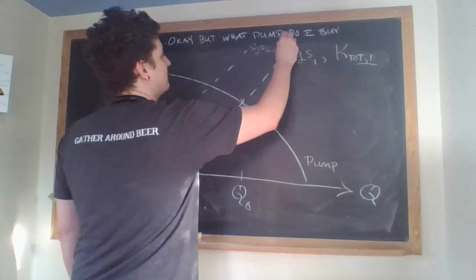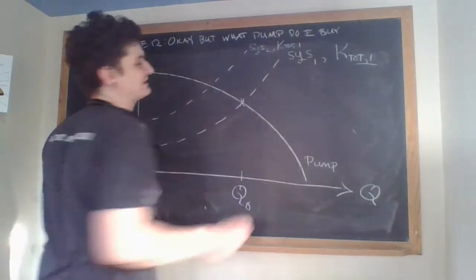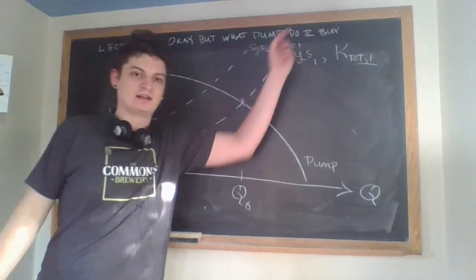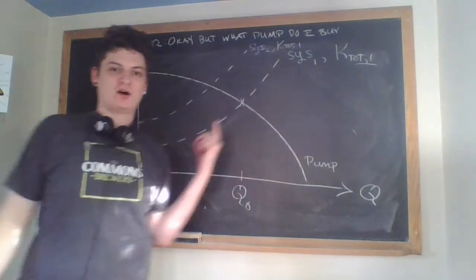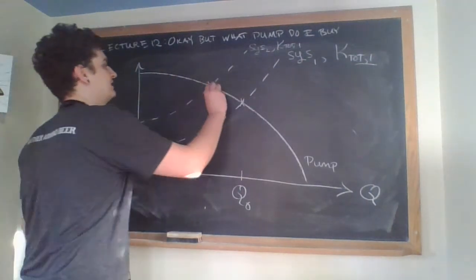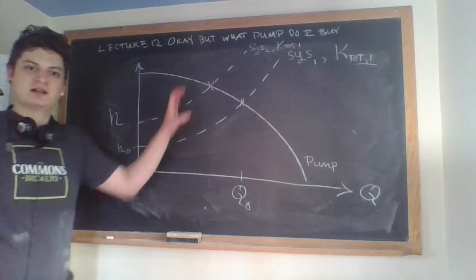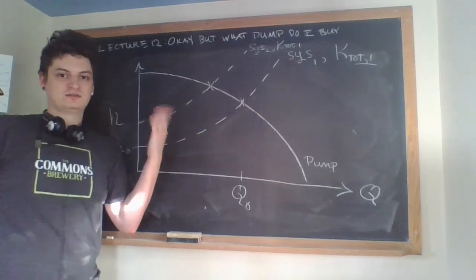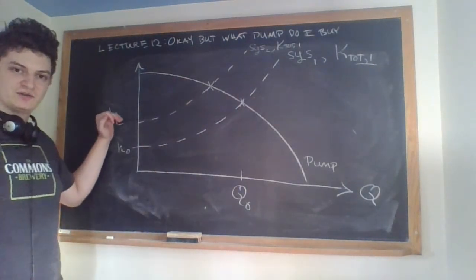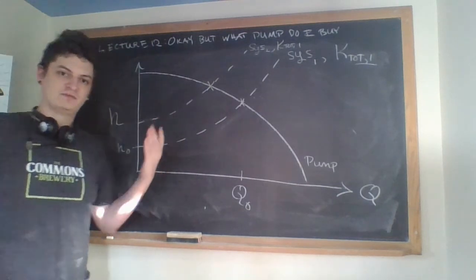It has the exact same K total 1, the exact same fluid resistance. All I've done is change the initial head. Look what I did. I changed the operating point because I've moved it inward. So raising initial head lowers the operating flow rate.